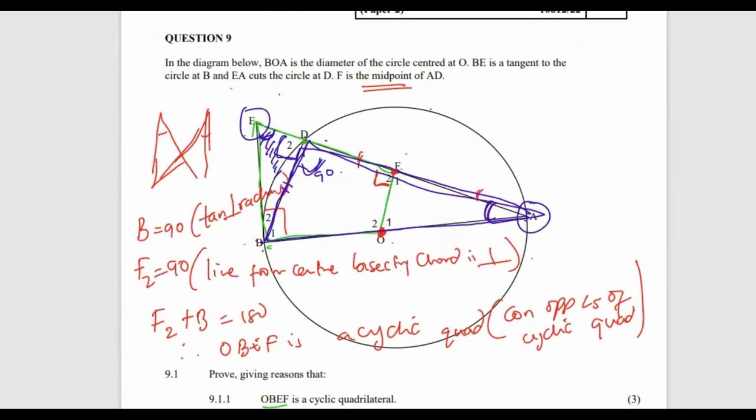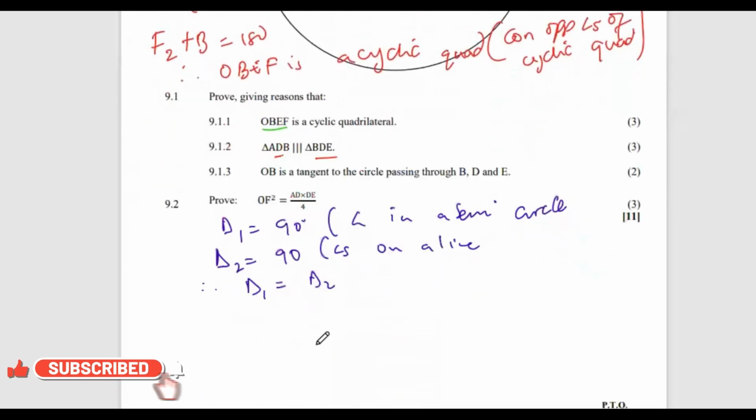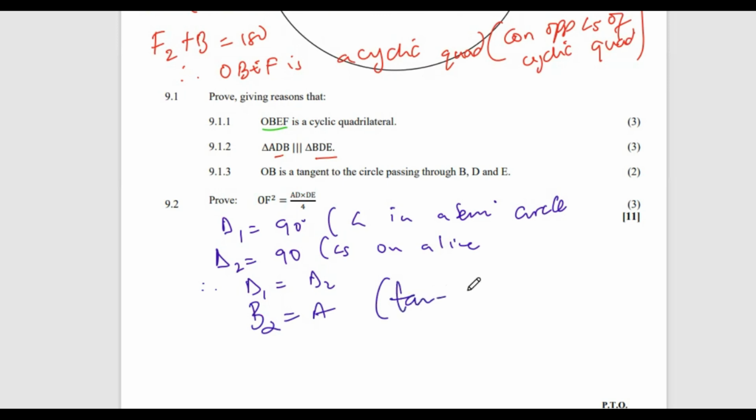Okay, let's see. We proved the tan chord somewhere. Oh, we didn't, but we can prove it. The equal sides one we are rejecting. It's fine, I've taken it out. My apologies. So let's take the tan chord. So B2 is the same as A because of the tan chord.